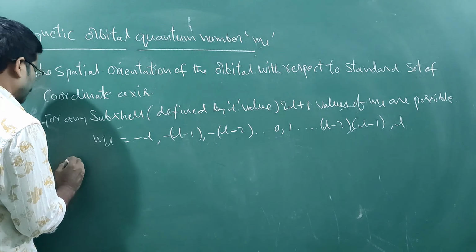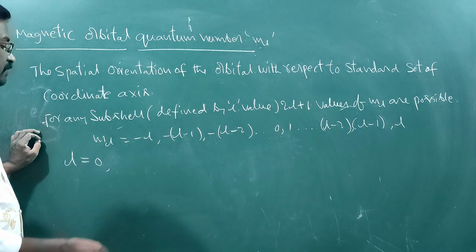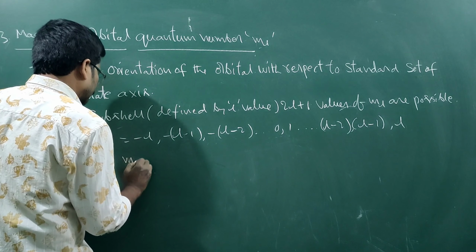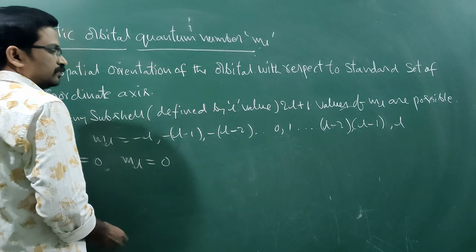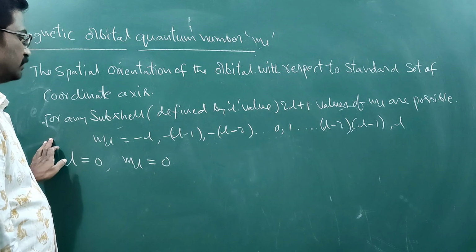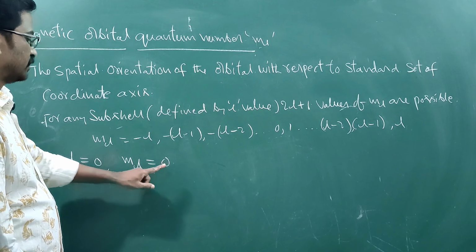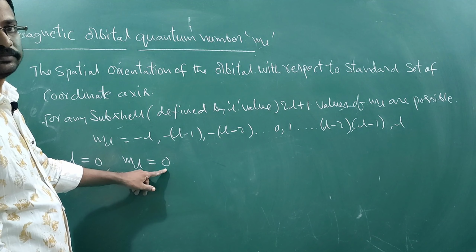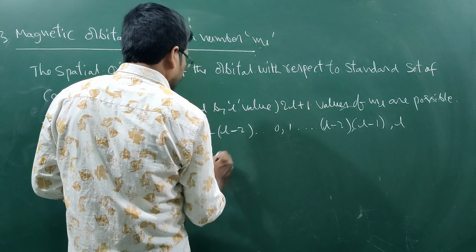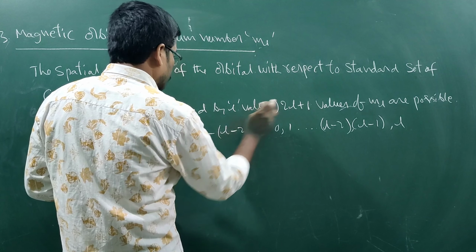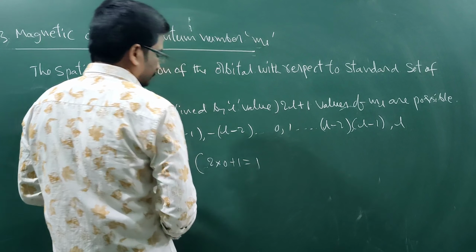For a given value of L, let us suppose L is equal to 0. What is the value of ML? ML has only the value 0. Using the formula 2L plus 1 with L equal to 0, 2 into 0 plus 1 gives 1.